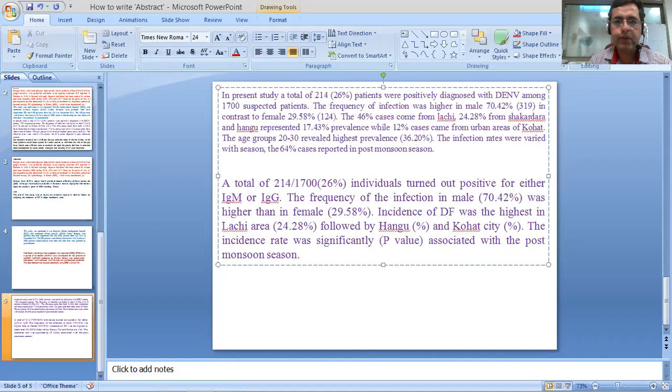So that would make your results more interesting as compared to the above presentation, which is not giving you the impression that the work is very important, or you have done something very important. So here you have identified these endemic regions by calculating the incidence rate in these different areas of cohort district. So you have given your results here.